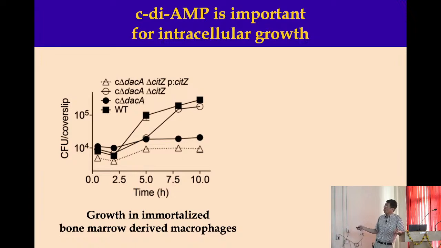But that can be rescued by removing the citrate synthase. Now you can grow again, but if you add back the citrate synthase gene on the plasmid, you're dead again. So that confirmed the mechanism, that this depends on the entire pathway.